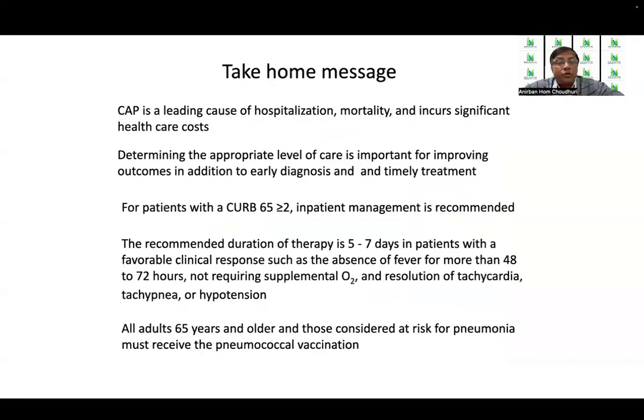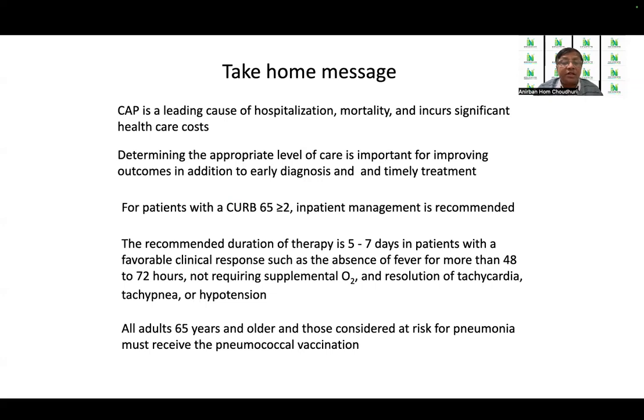So my take-home message would be that community-acquired pneumonia is a leading cause of hospitalization and mortality, which incurs significant healthcare costs. Determining the appropriate level of care is very important for improving outcomes, in addition to early diagnosis and timely treatment. For patients with a CURB-65 score of greater than or equal to 2, inpatient management is recommended.